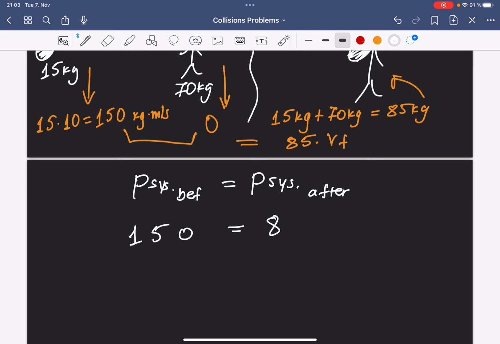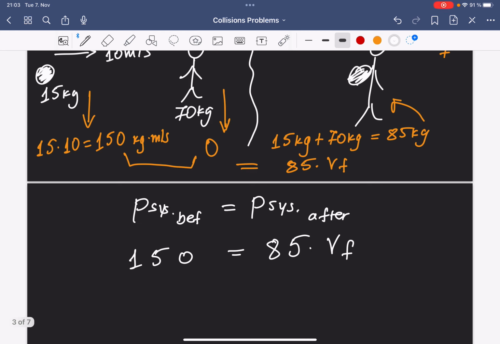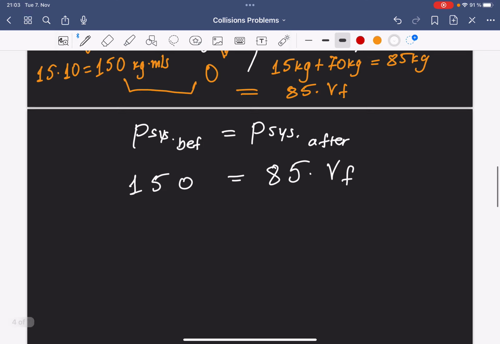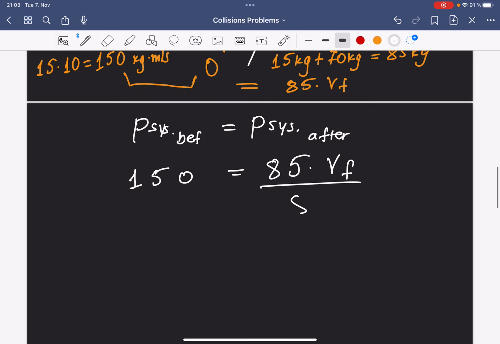And after the collision, you had 85 times vf, because in the first scenario, before, we only had the ball moving, and in the second scenario, we only have one body, which is the combination of the person and the ball.